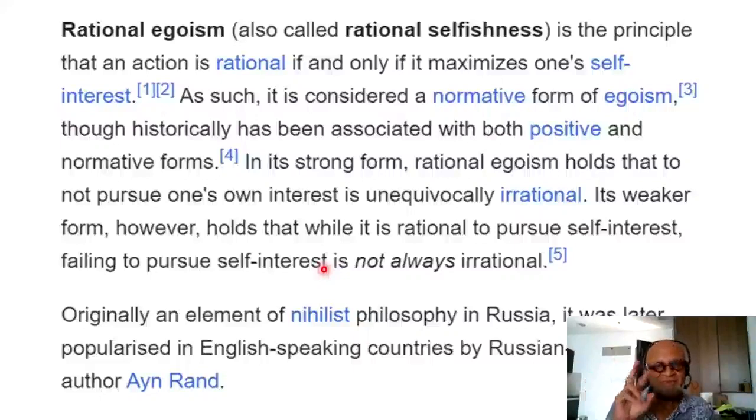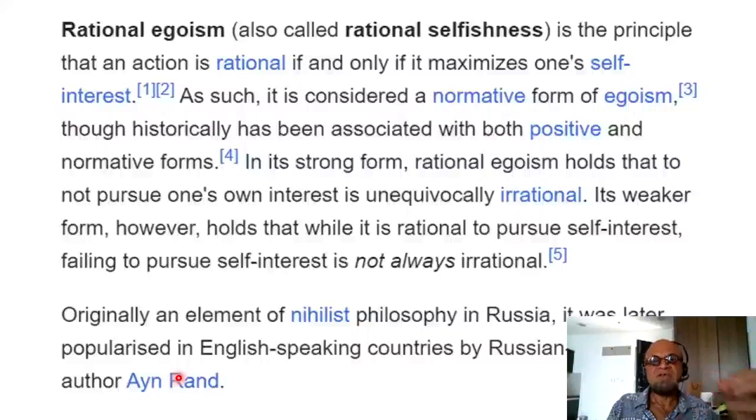Okay, so difference. Originally an element of nihilist philosophy in Russia, it was later popularized in English-speaking countries by Russian-American author Ayn Rand. If you don't know who it is, she was very popular at one point, maybe the 70s and 80s, and influenced many big thinkers and people who went on to hold responsible positions, and economists probably still debate this.